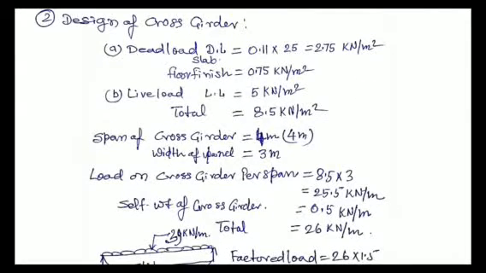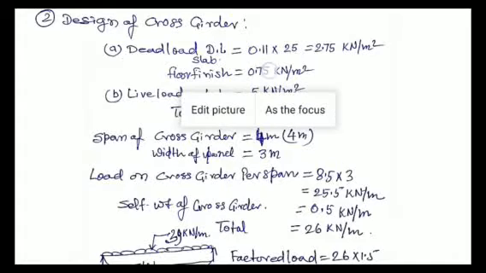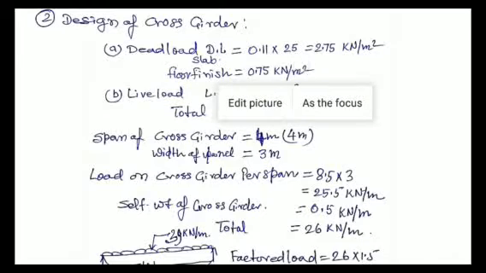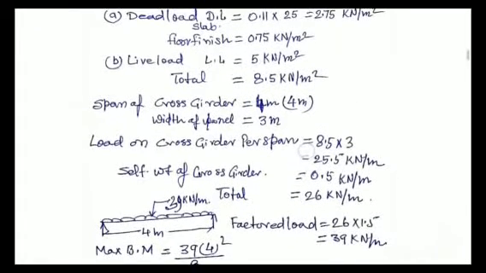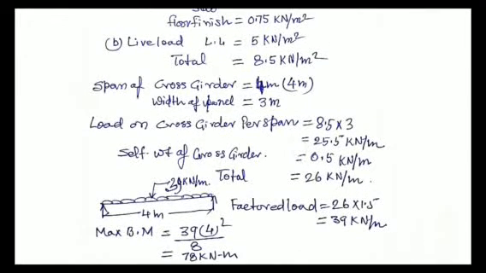Because slab thickness is 110 mm or 0.11 meter, and unit weight of RCC is 25, total dead load is 2.75 kilonewton per meter square, and floor finish as given in the question is 0.75 kilonewton per meter square. So this is all dead load.